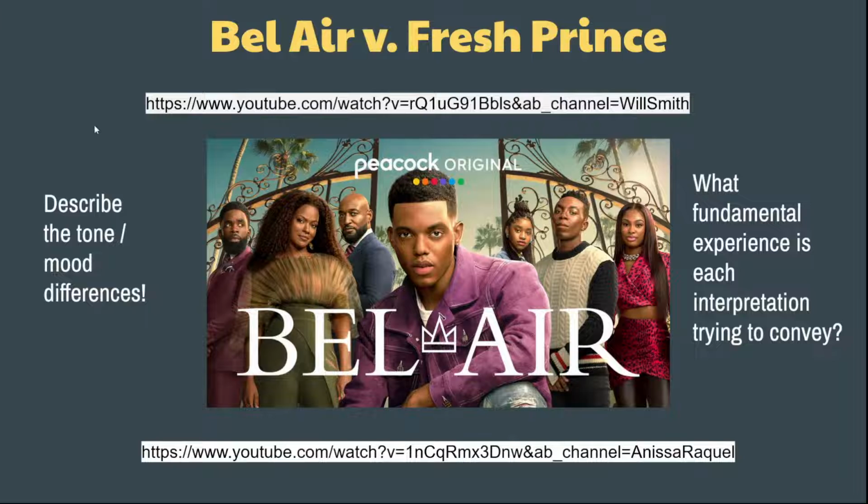Stakes are going to be a fundamental starting point, I think, to look at in terms of tone. How real is the danger? The level of danger and urgency of the story are going to be really key in understanding tone. We might ask what fundamental experience each interpretation is trying to convey.